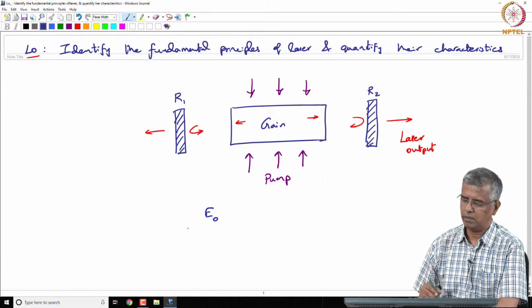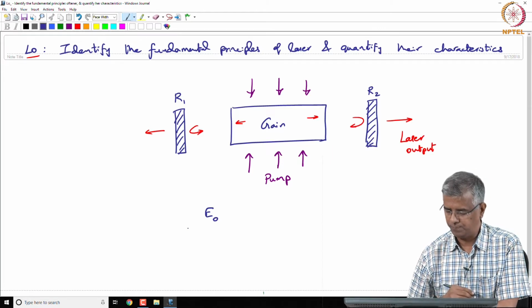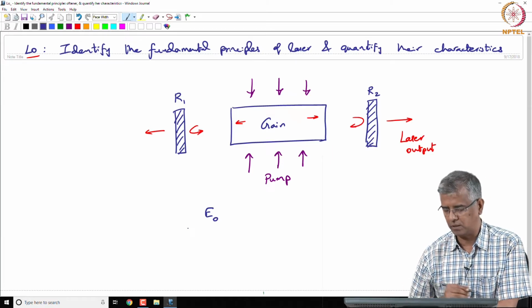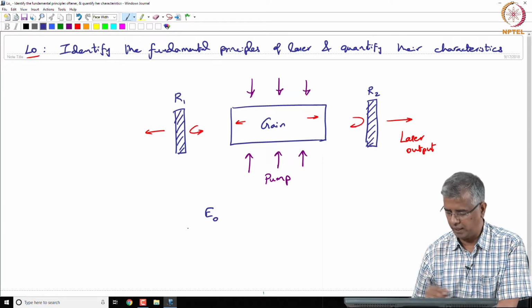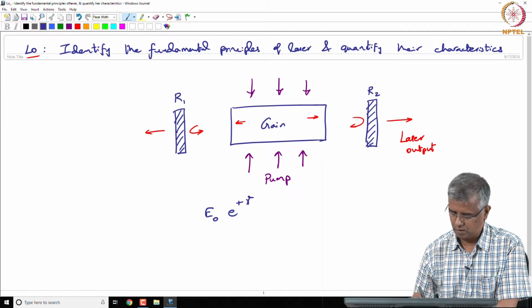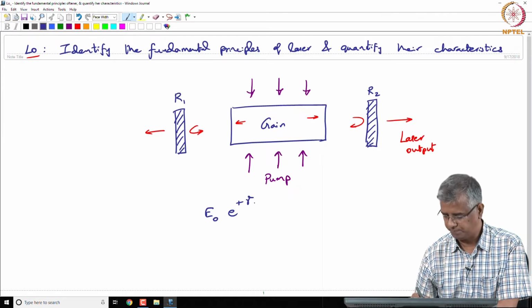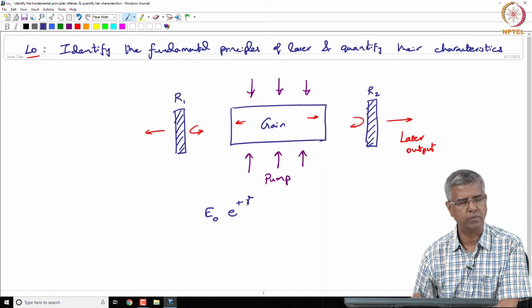E naught, that field is going to, as it propagates through the gain medium, obviously get certain gain, which we call as the gain coefficient is gamma.